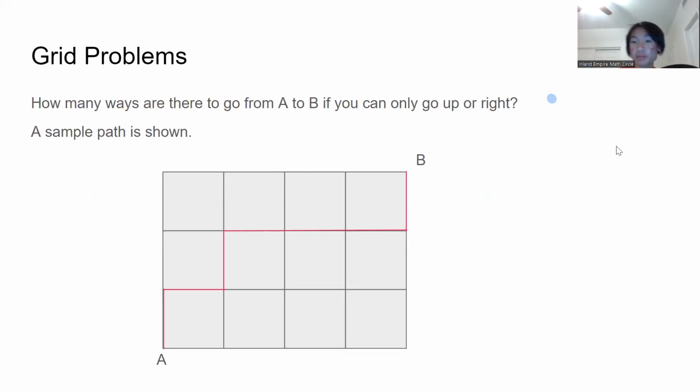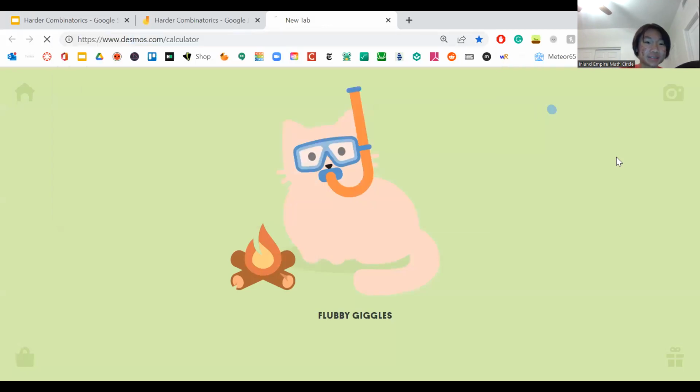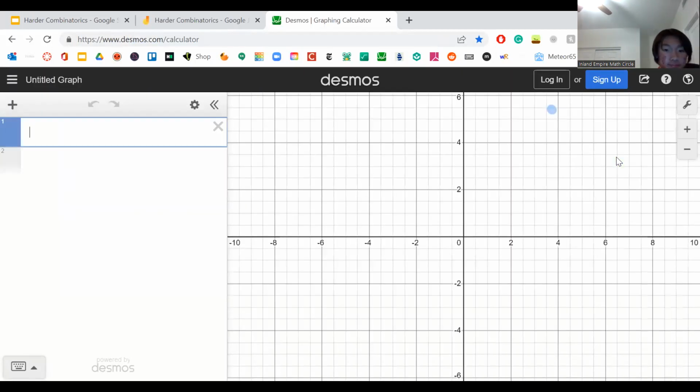Okay, so what's the answer? Oh, it's just the one we had over there, 7 factorial divided by 4 factorial times 3 factorial. Oh, that's all? So how many paths are there? That is something we can leave to the calculator.